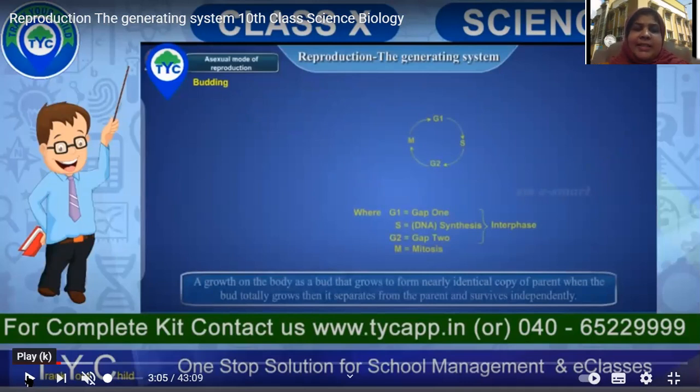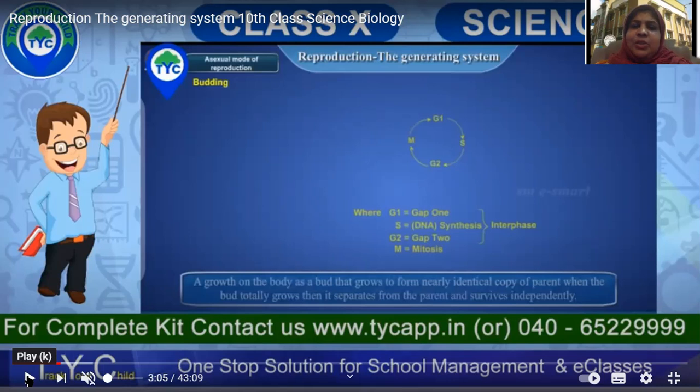Now let us see the asexual process of budding. What happens in budding? A small bud grows, which is nearly an identical copy of the parent. It is just like its parent, and that bud grows back like its parent.